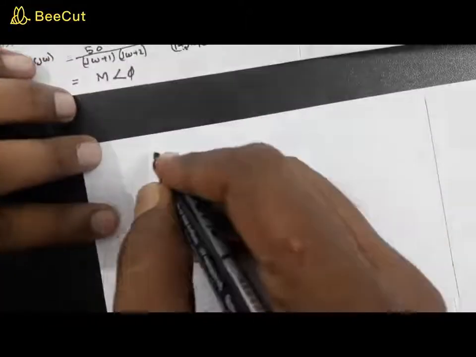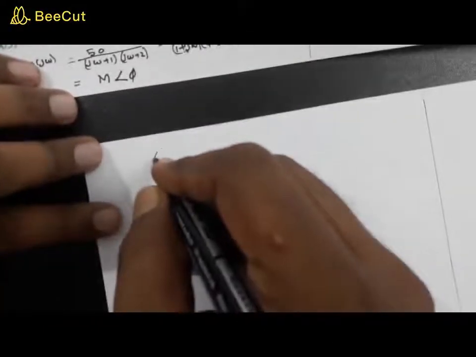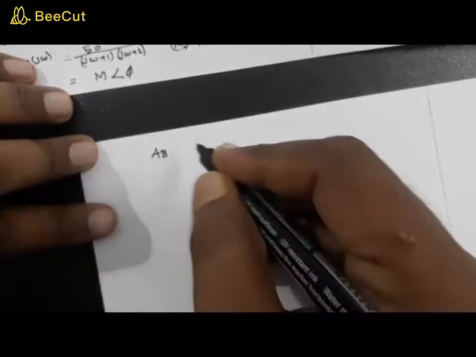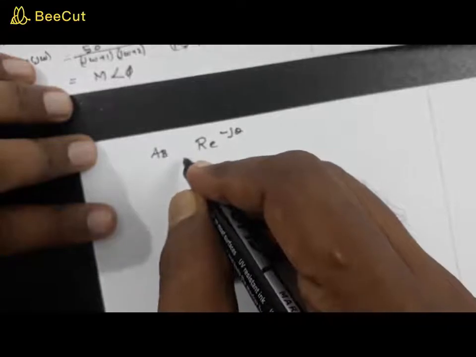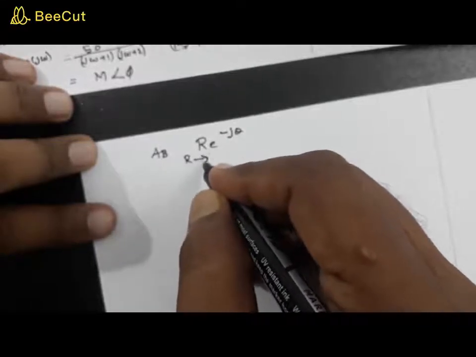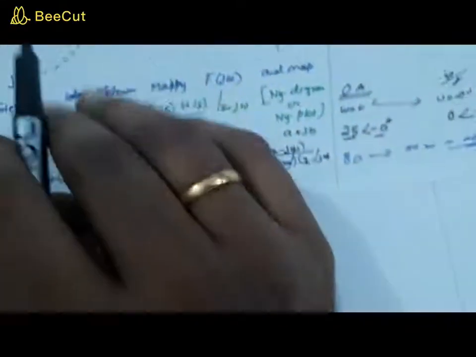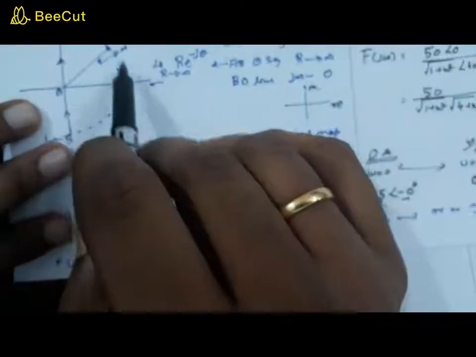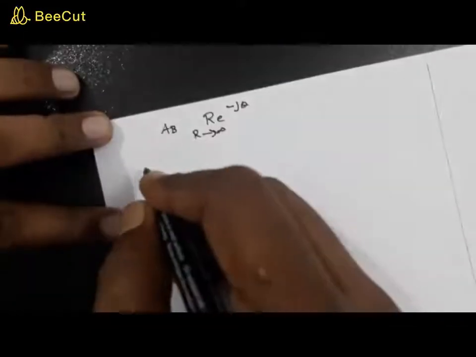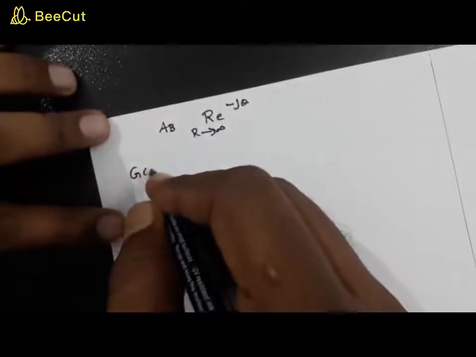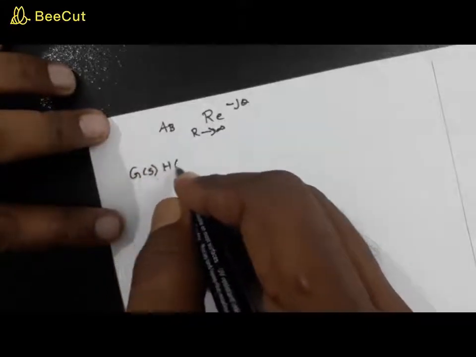So the segment AB is nothing but r e raised to minus j theta as r tends to infinity. Why is it called r e raised to minus j theta? Because this is showing a clockwise direction. So this is a big circle. Now how to plot this? Now how to map is, you just substitute j of s.